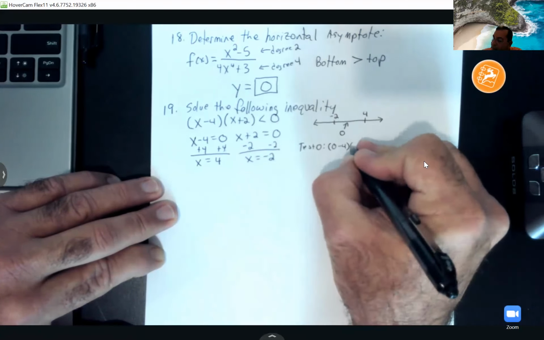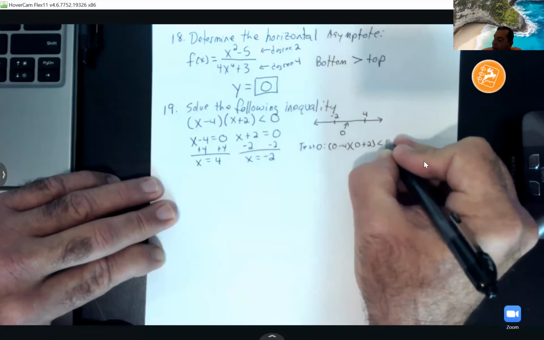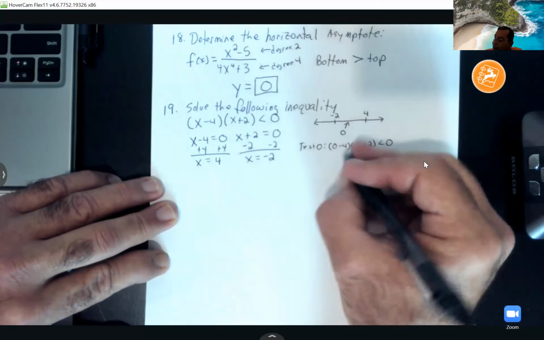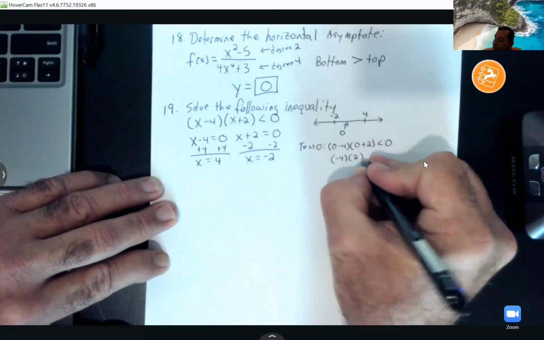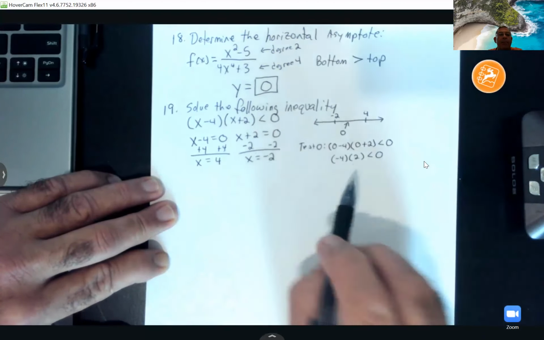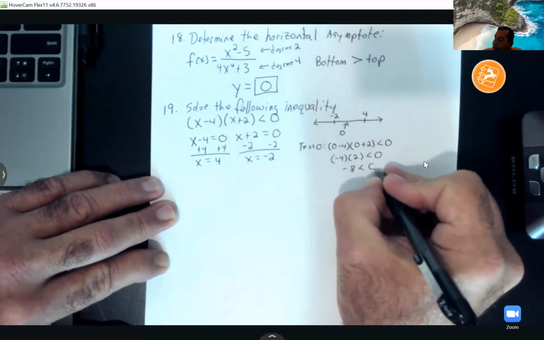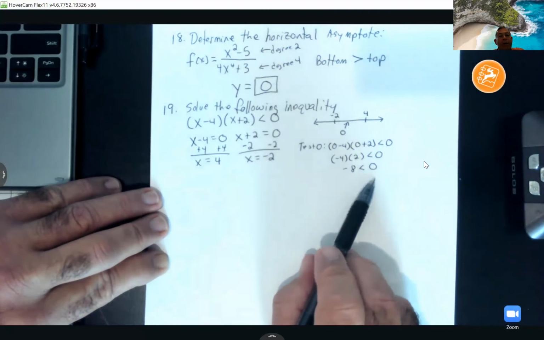So 0 minus 4, 0 plus 2 has to be less than 0. Well, this one's going to give me negative 4. This one gives me 2. So let's see, negative 4 times 2 is negative 8. Less than 0. So you got to determine whether that's true or false.